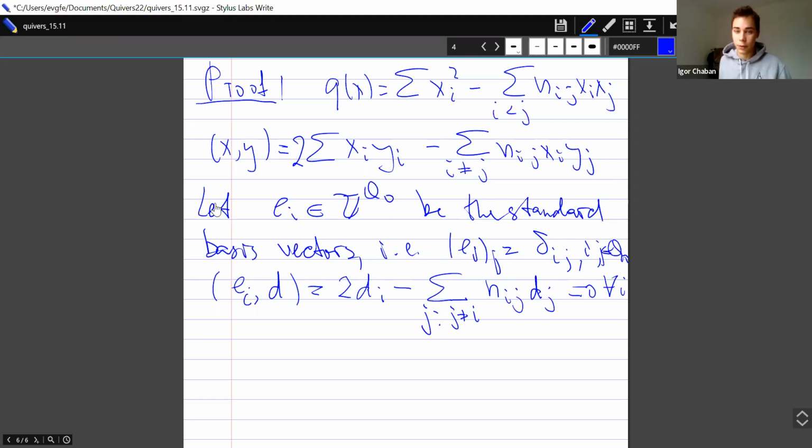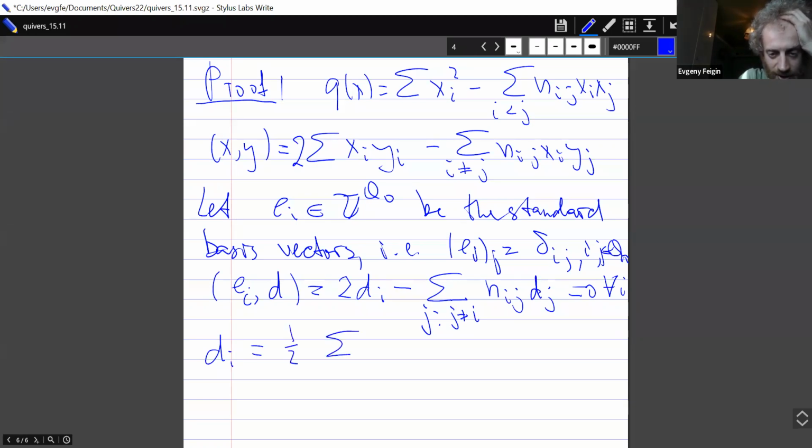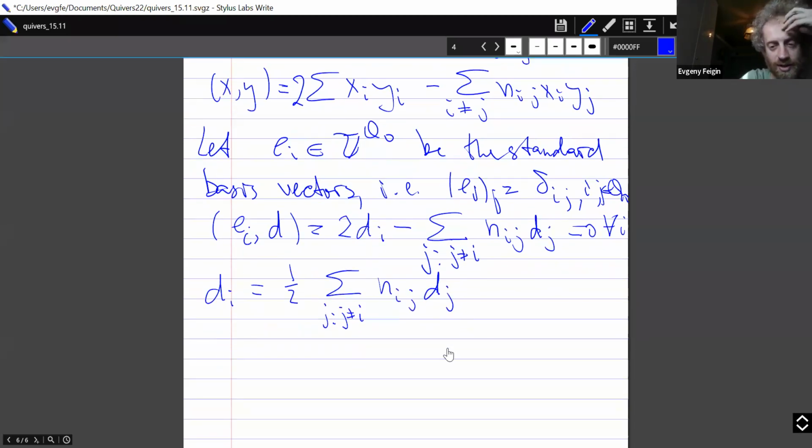It follows from connectedness. So d_i equals one half of the sum over j not equal to i of n_ij d_j, and therefore if d_i is 0, then for any j such that n_ij is non-zero, d_j is 0.